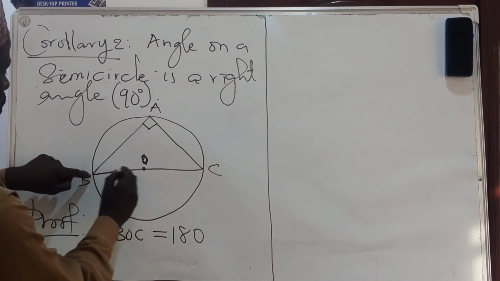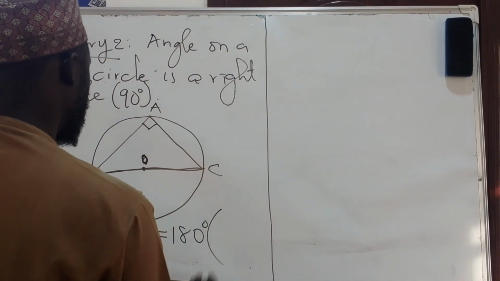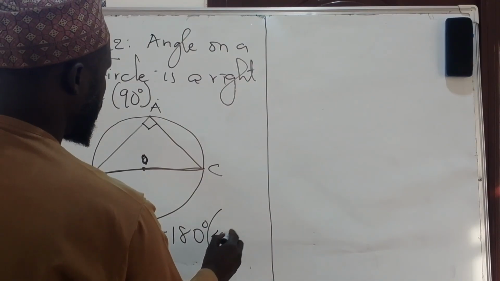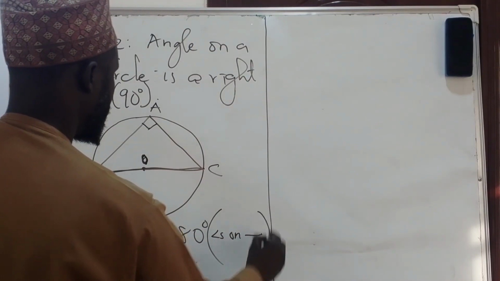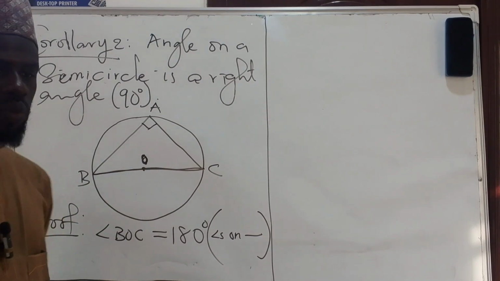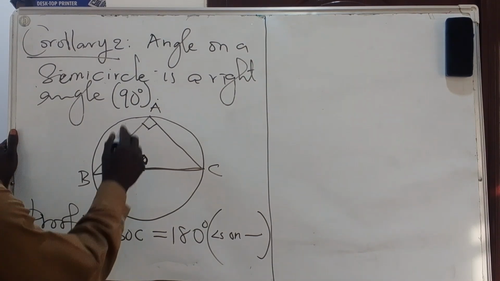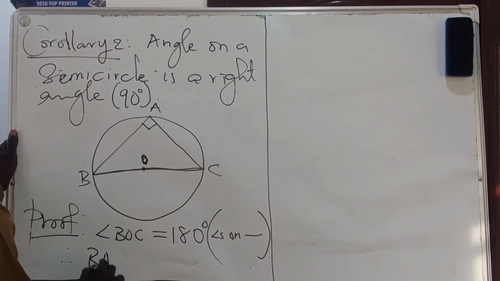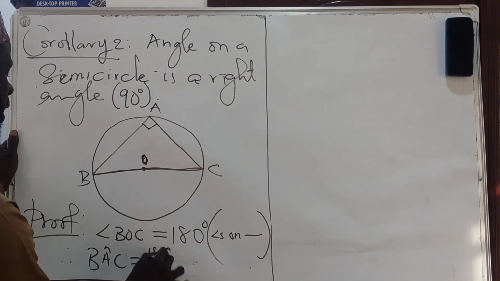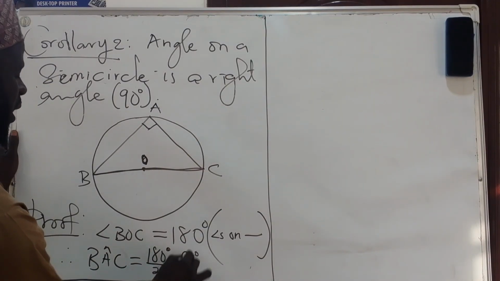Why? These are angles on a straight line. The sum of angles on a straight line is 180 degrees. Therefore, we conclude that angle BAC is equal to 180 divided by 2, and that is equal to 90 degrees.